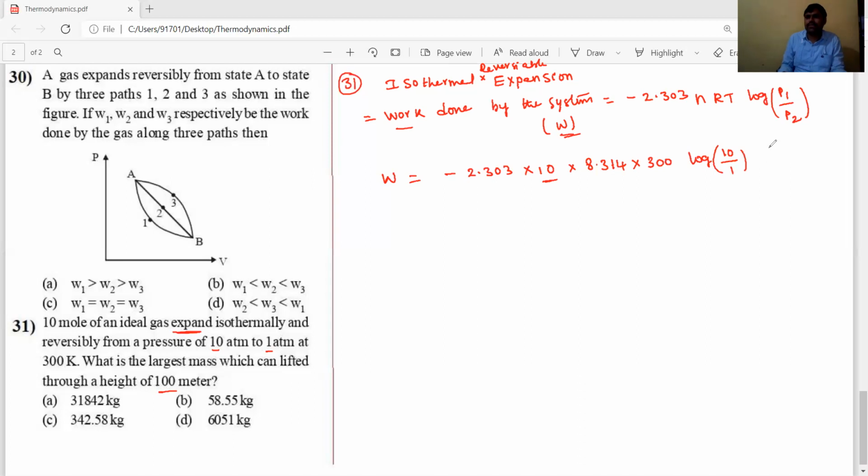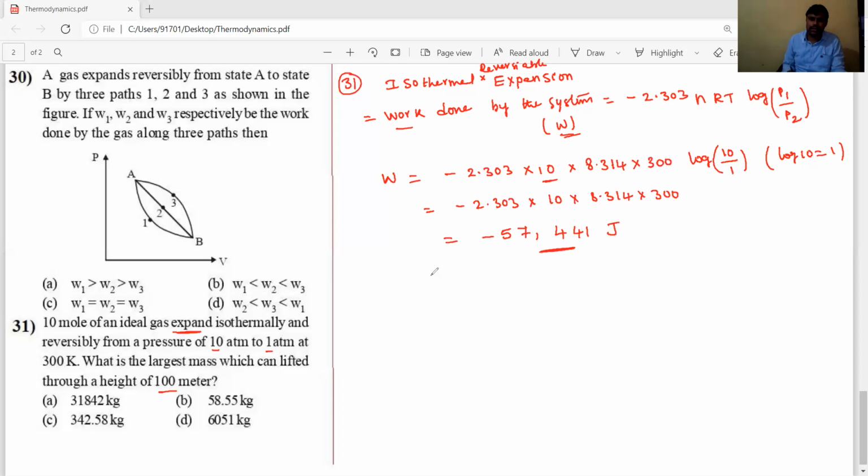Log 10 is equal to 1. On simplification, we get minus 2.303 into 10 into 8.314 into 300, which is minus 57,441 joules. This is the work.